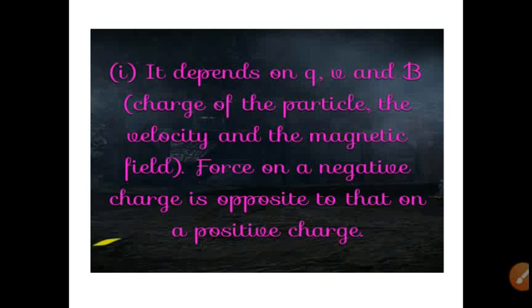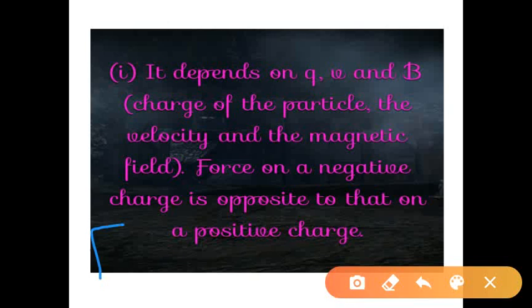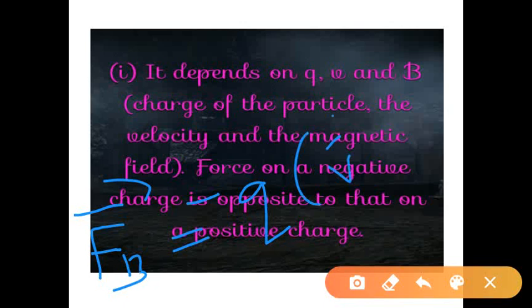We can write magnetic force on a negative charge is equal to minus Q, for negative charge the sign is minus, vector V cross vector B. So, here we can see the direction of magnetic force for a negative charge will be opposite to the direction of magnetic force for a positive charge.